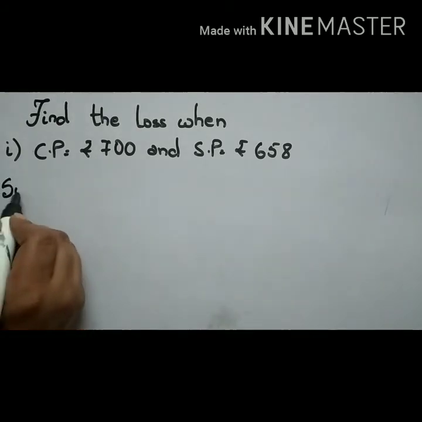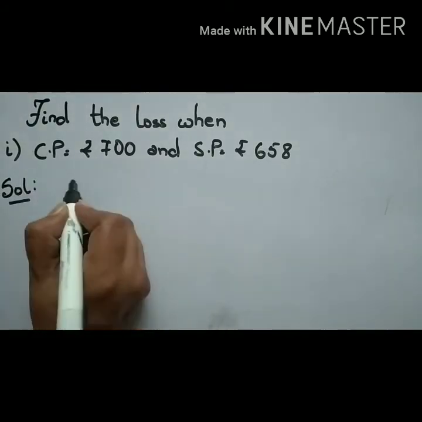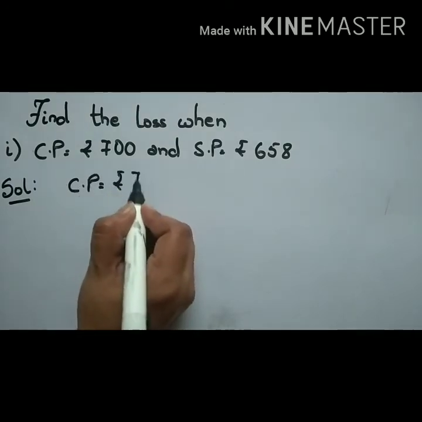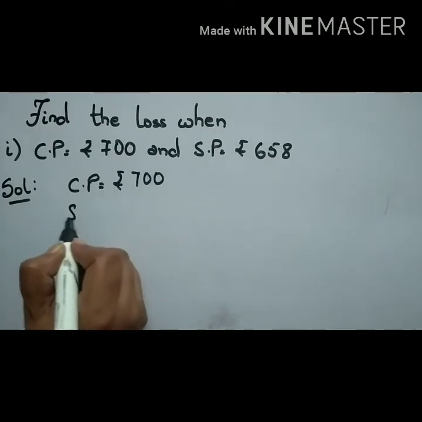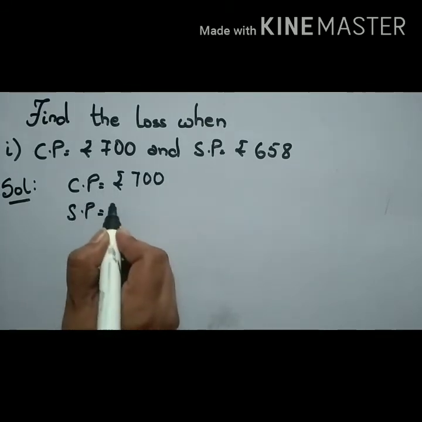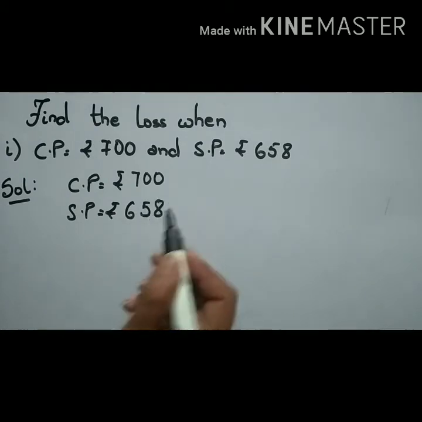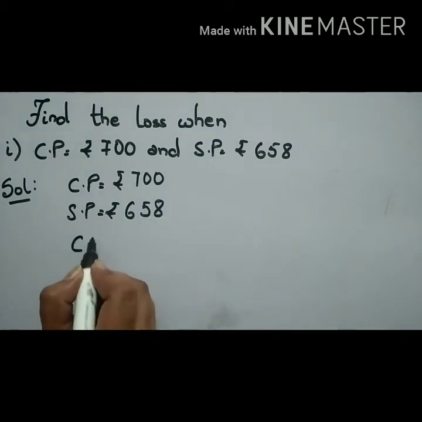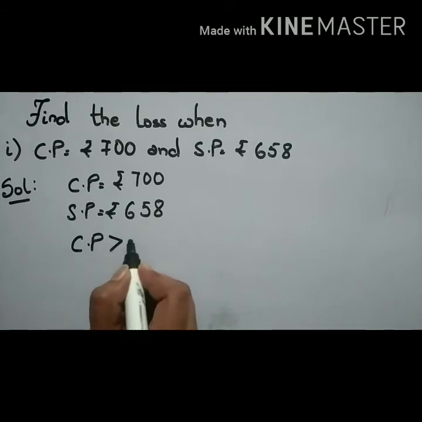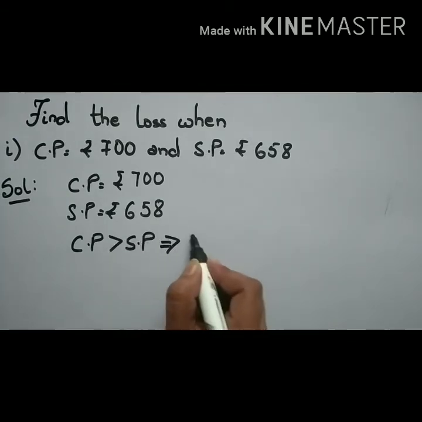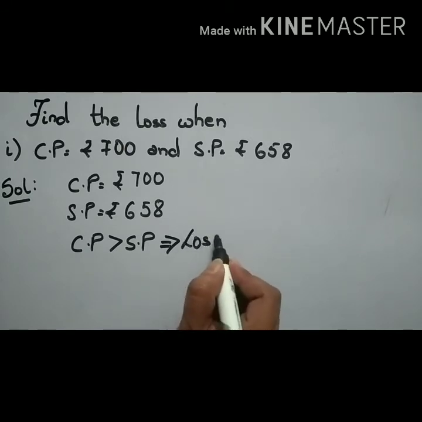So let's start with the solution part. Cost price is given to me equal to rupees 700 and selling price is given to me equal to rupees 658. In this case, cost price is greater than selling price, so it implies he has incurred the loss.